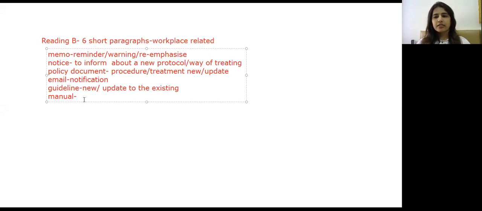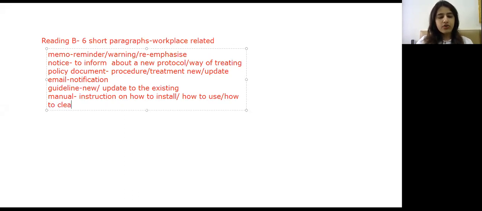Yes, in fact, it could be instructions on how to install, then how to use or what care is to be taken. It can also include details about how to disinfect it or how to clean it. It could also have information about troubleshooting.